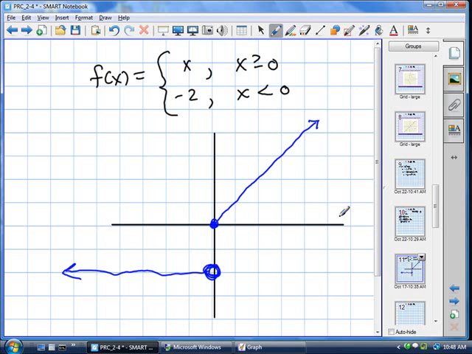What is 1/8 plus 4? 4 and 1/8. Now, what's the greatest integer of 4 and 1/8? 4. And now what's 4 times negative 7? Negative 28. And what's negative 28 plus 6? Negative 22. So it's just got to use that new operation called greatest integer.